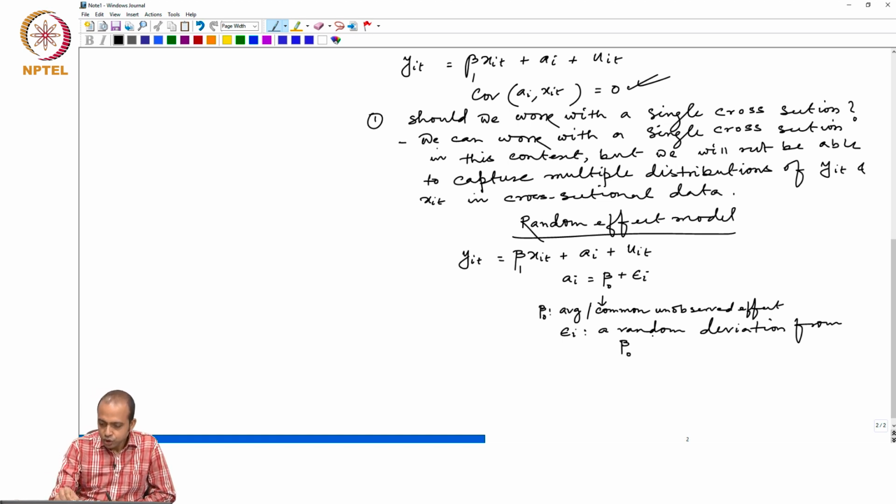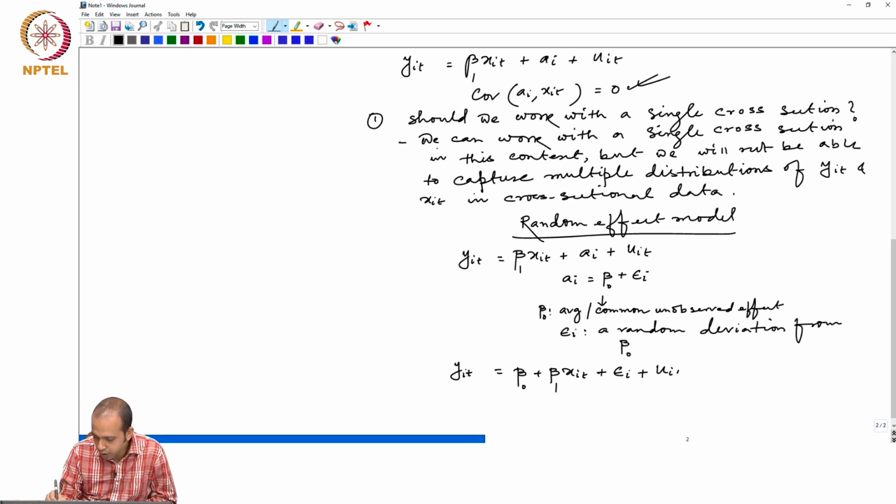If we decompose AI into beta 0 and epsilon I, then our model becomes YIT equals beta 0 plus beta 1 XIT plus epsilon I plus UIT, right?